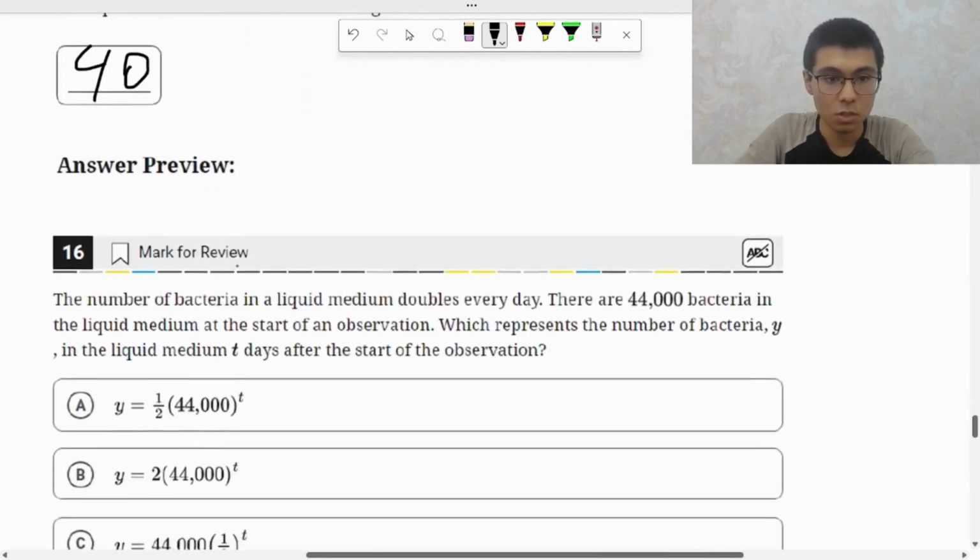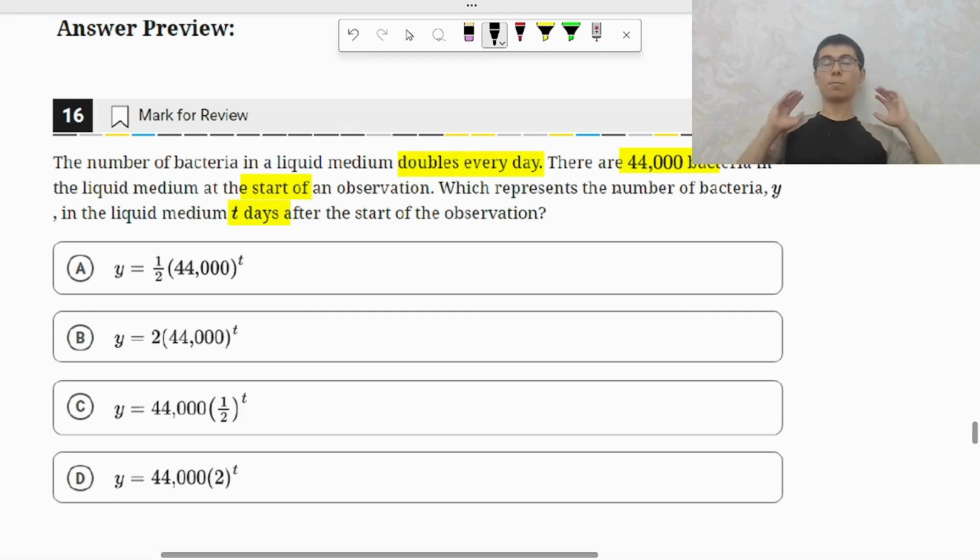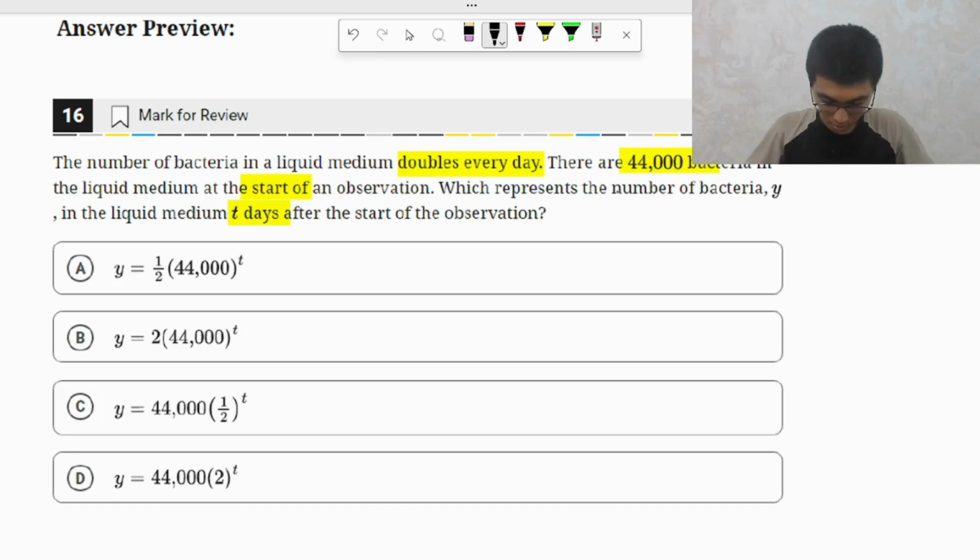So question number 16. The number of bacteria in a liquid medium doubles every single day. There are 44,000 bacteria in the liquid at the start of an observation, which represents the number of bacteria in the liquid medium T days after the start of the observation. So this is a perfect place where you can literally see the exponential equations.